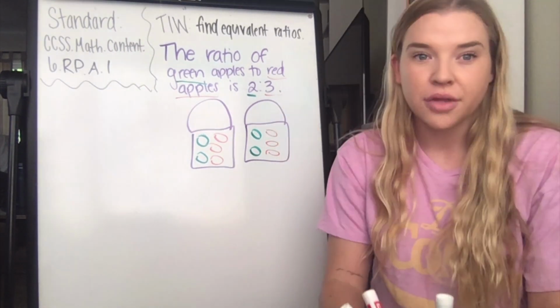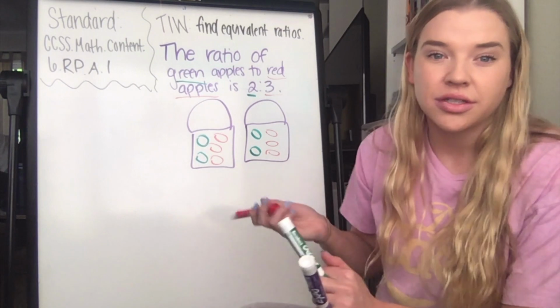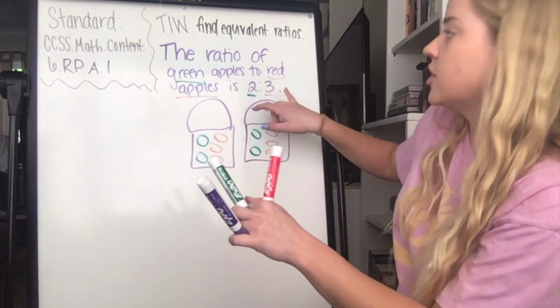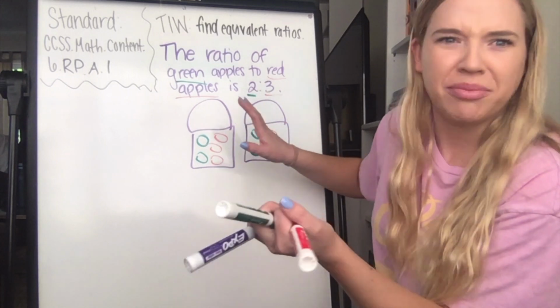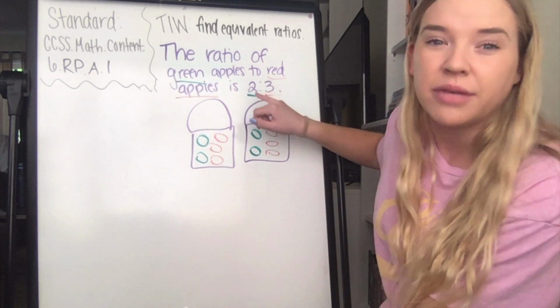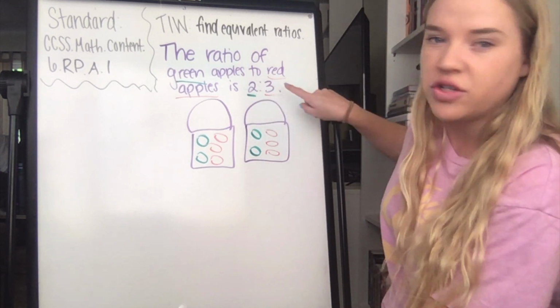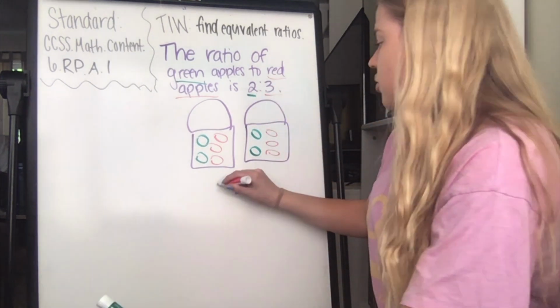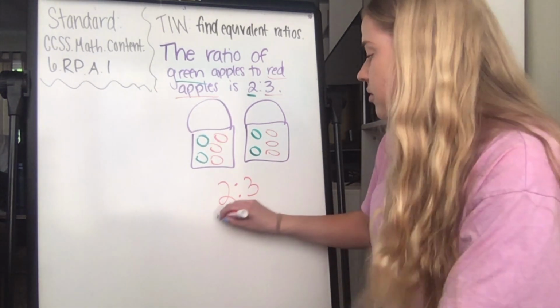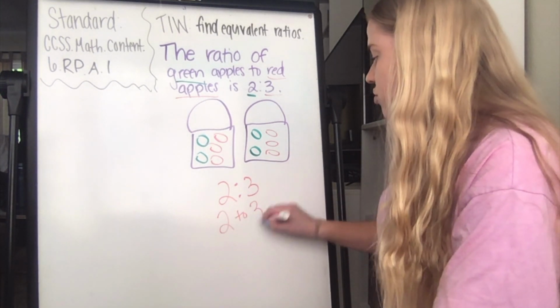So if I want to talk about these apples as a ratio, I want to say the ratio of green apples to red apples is 2 to 3. A lot of times you're going to see ratios written like this, 2:3. You can also see it written out as 2 to 3.